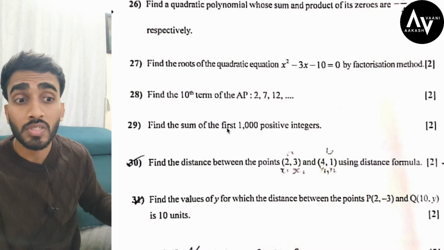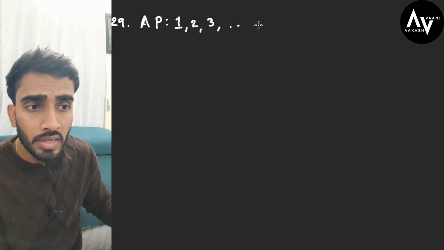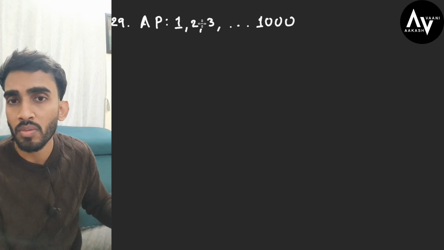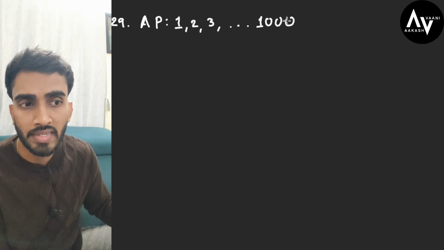Find the sum of first 1000 positive integers. So first 1000 positive integers form an AP which begins from 1, 2, 3 and so on till 1000. Positive integers begin from 1 and first 1000 positive integers means it will end at 1000.